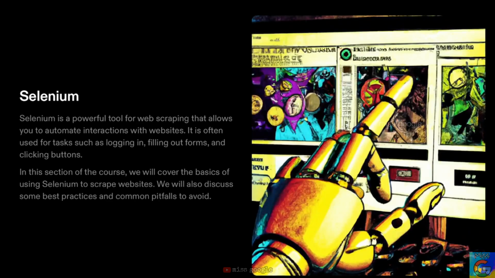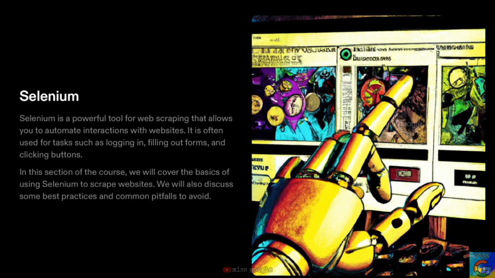Now, the next technology, Selenium, is a powerful tool for web scraping and allows you to automate interactions with websites. It is often used for tasks such as logging in, filling out forms, and clicking buttons. Essentially, it mimics user interactions.